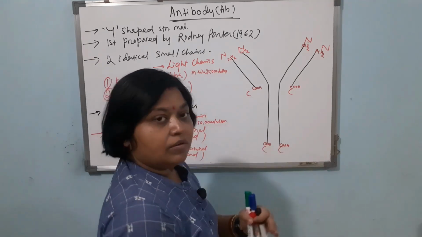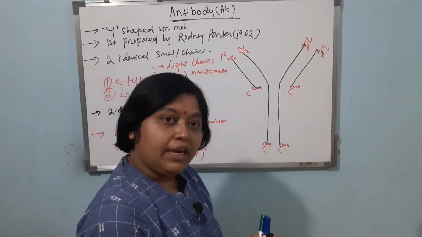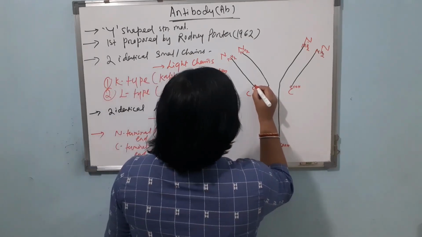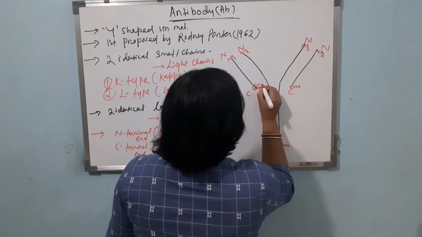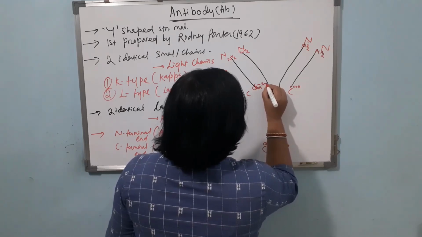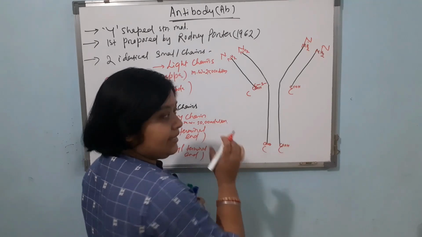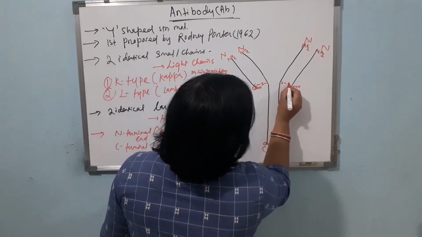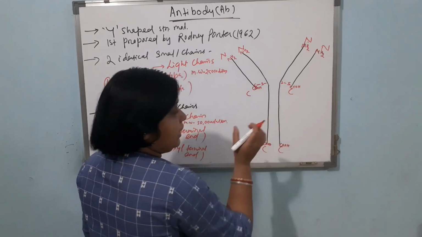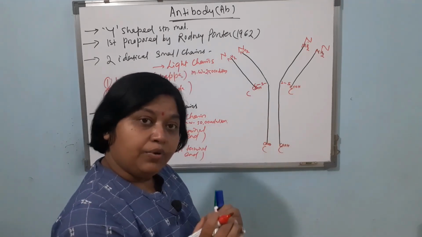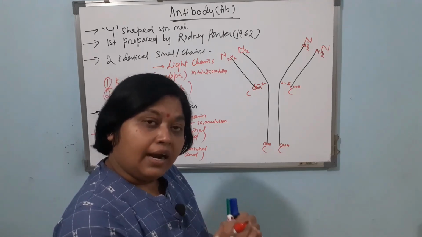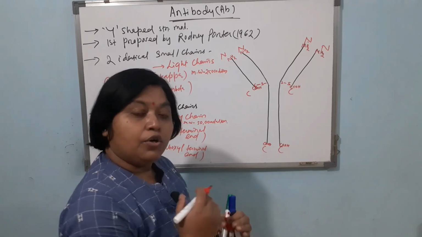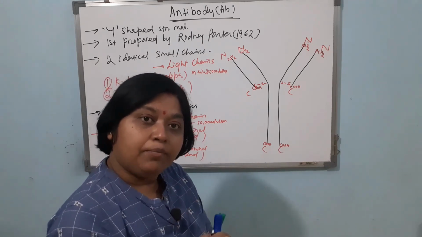Each light chain binds with heavy chain by a single disulfide bond. So, here you will find one disulfide bond which is present in between light chain and heavy chain. Both the heavy chains are connected with each other at their central flexible region by a number of disulfide bonds.